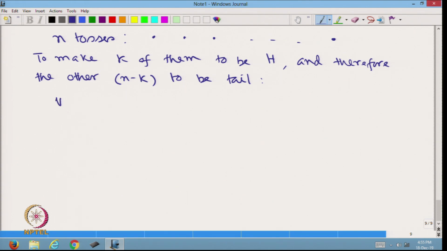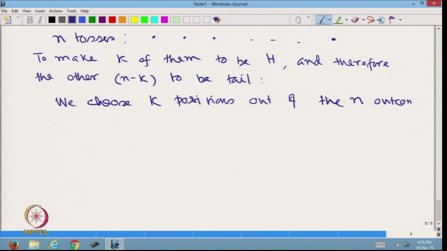what we will do? We choose k positions out of the n outcomes. This can be done in n c k many ways.